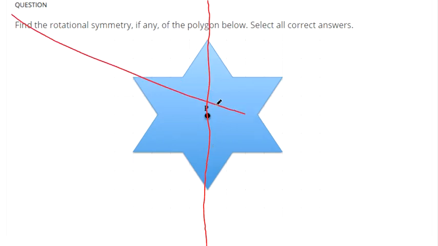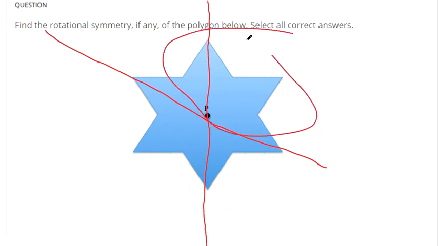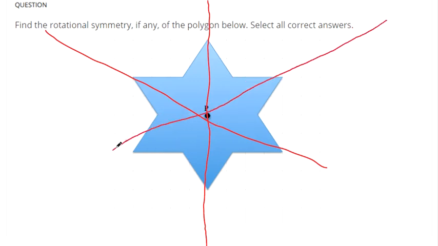If we were to draw a diagonal line, it's hard to do with this mouse, through these 2 points, then we're going to have symmetry. It's going to be the same figure on both sides. And then we can do the same thing over here. Oh, okay, well, you get the idea. It's supposed to go through here. Another diagonal line. There's 3 diagonal lines that we could draw to make it have symmetry.